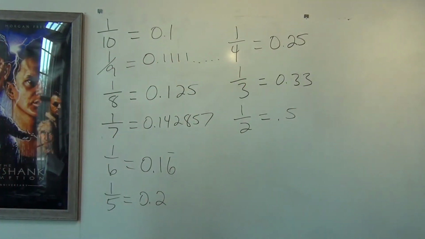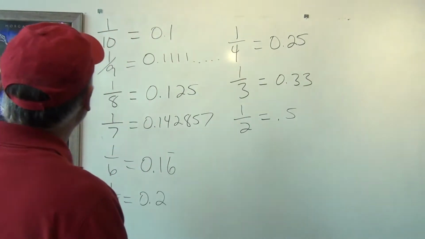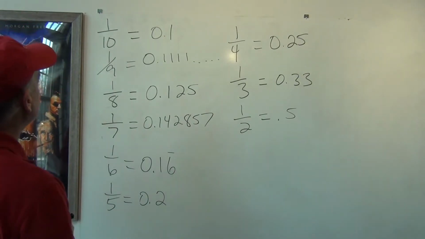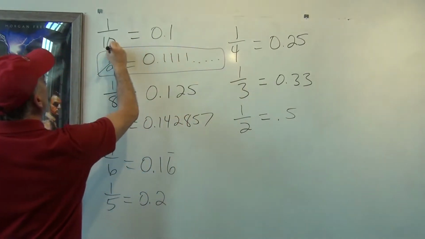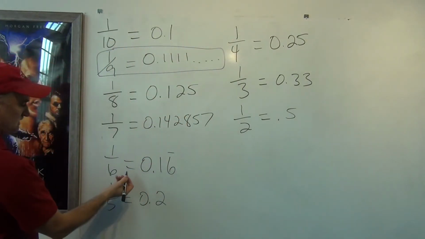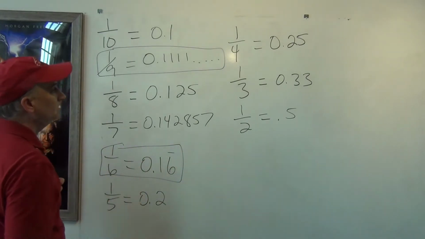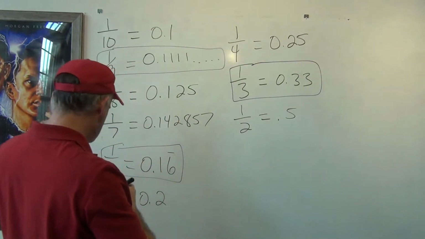All right, so let's take a look at these. Right off the bat, I see this one, 1/9, is potentially repeating, 1/6 and 1/3 too. The rest of them do not repeat.